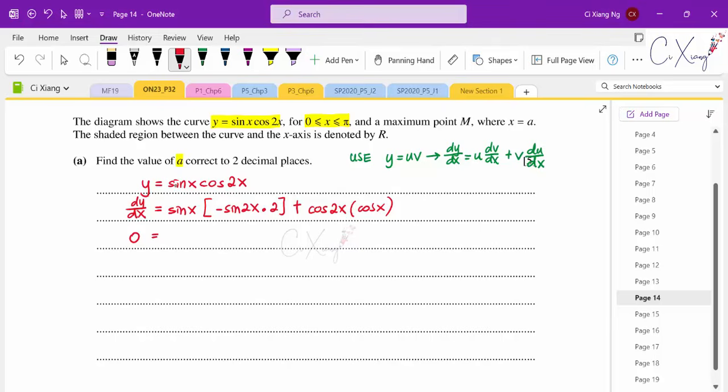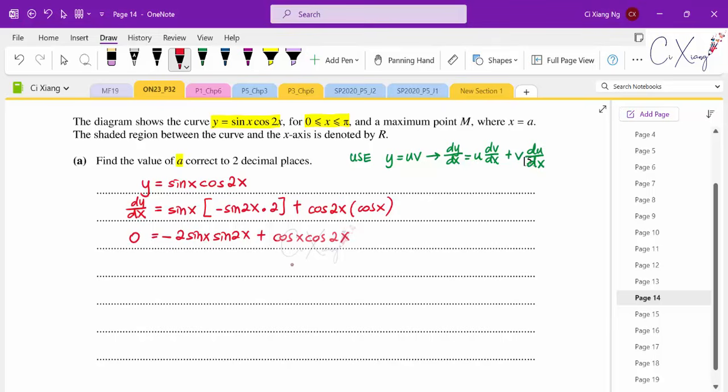Okay, then before I solve this equation, I want to simplify it first. So I'm having negative 2 sine x sine 2x plus cos x cos 2x. Okay, so far we are not able to solve this equation yet.